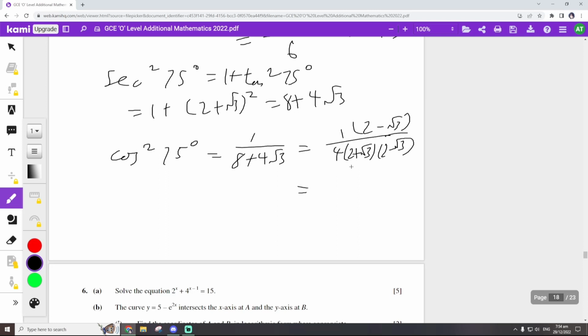The bottom becomes just 1, so you get 4. So you will get half minus quarter root 3. Yeah, it's actually very simple.